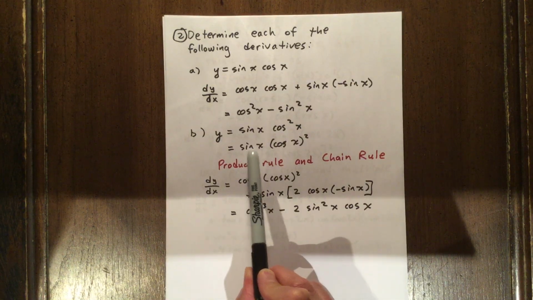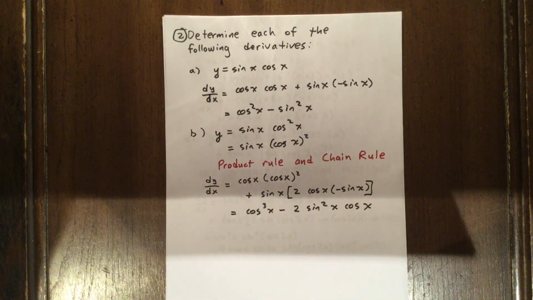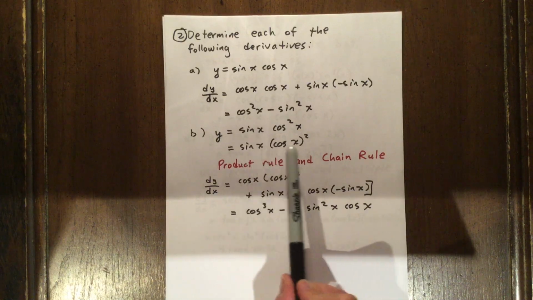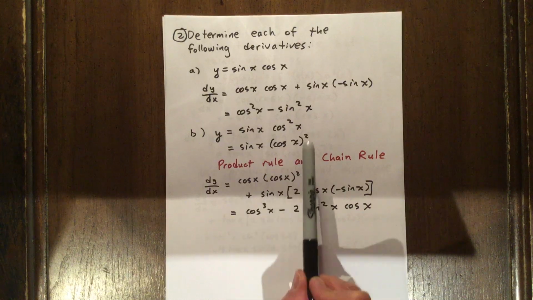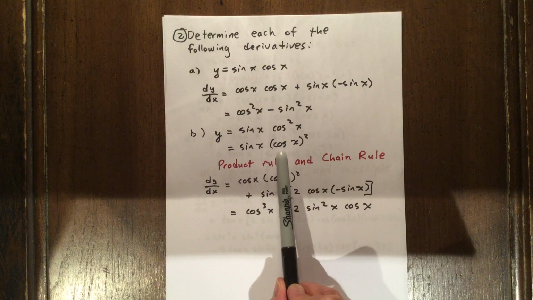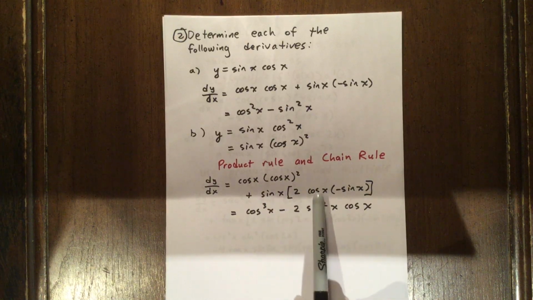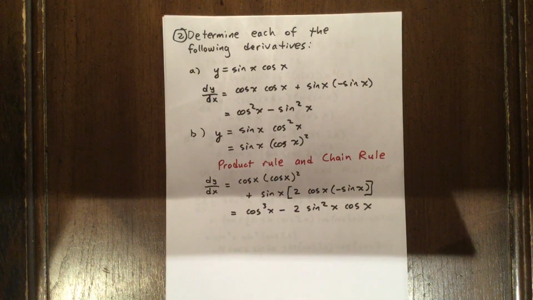So the derivative of the first function times the second function gives us cos x times cos x quantity squared. And then the first function times the derivative of the second function, that's sine x times, now we have to figure out the derivative of cos x quantity squared. Well, block squared's derivative is 2 block times the derivative of the block, which is negative sine x.